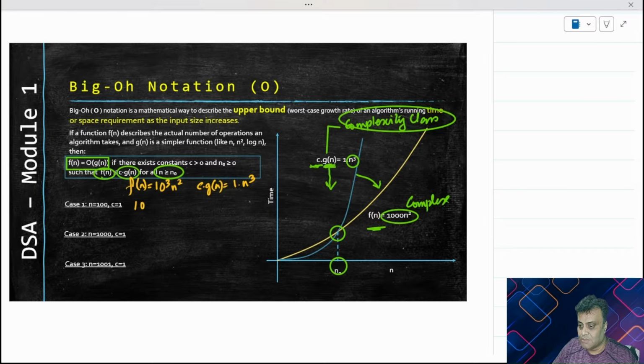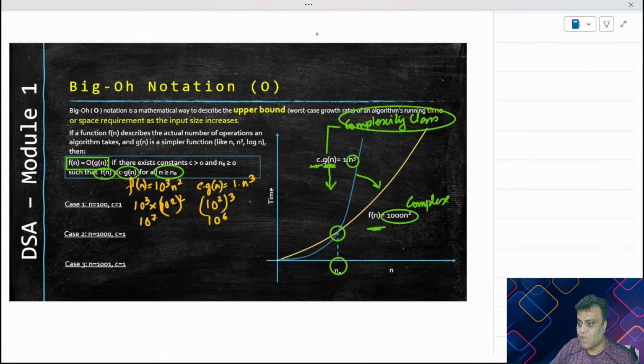So this becomes 10 to the power 3 into 100, which is 10 square into square, because you have n square. So this becomes 10 to the power 7. If I take c dot gn, c is 1 and my n is 100, which is 10 square, a cube of that, which translates to 10 to the power 6.